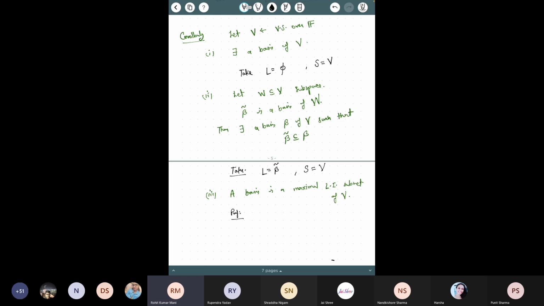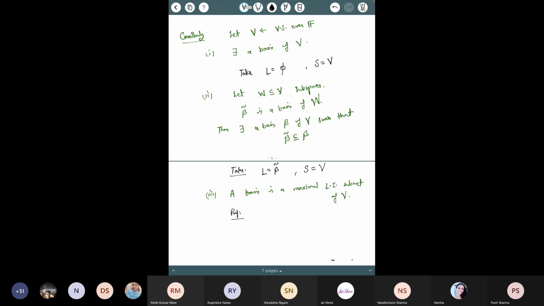So since B is a basis, if I take any vector x from V, then this new set B union x is not going to be a basis because it becomes linearly dependent, because x can be written as a linear combination of vectors from B. Or in other words, we have to show that we don't know how many bases there are at this point, but whatever the basis is, it is the maximal linearly independent subset.